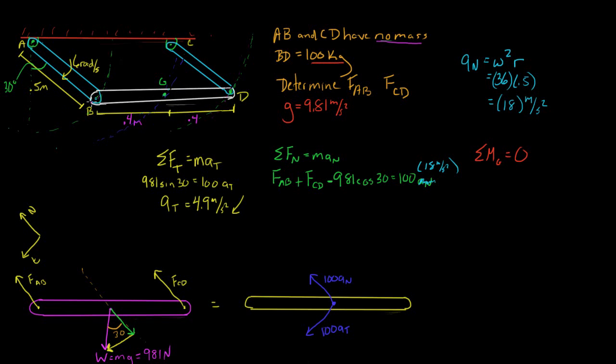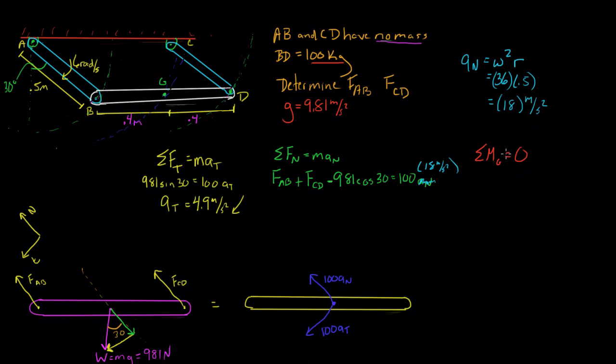The orientation of this bar BD is still the same. It's just moving in a curvilinear path, but it's not rotating. So if it was rotating, we'd have to use this moment of inertia about its midpoint times its angular acceleration. However, it doesn't have any angular acceleration. It's just purely translating.